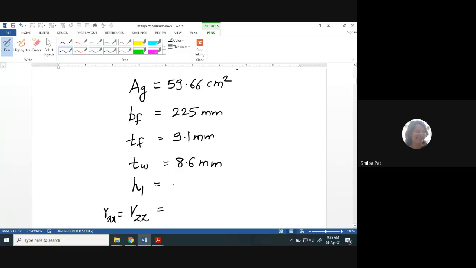H1: you might get the H1 value on the next page. 180.5. Then Rzz and Ryy.